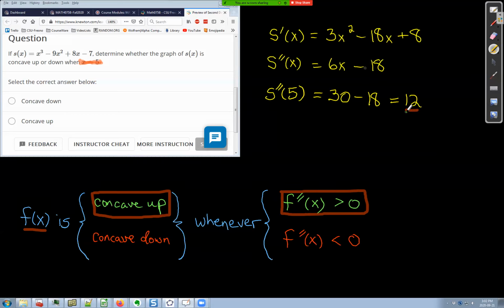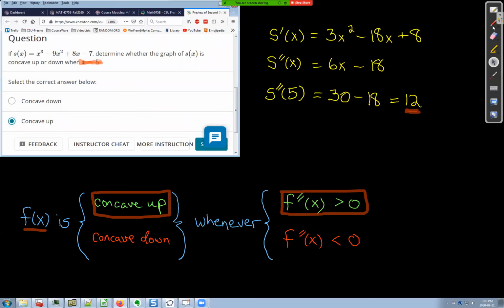All I care about is whether the second derivative is a positive number or a negative number. We found that it is a positive number, and therefore the original function will be concave up. So the correct answer to this question is concave up.